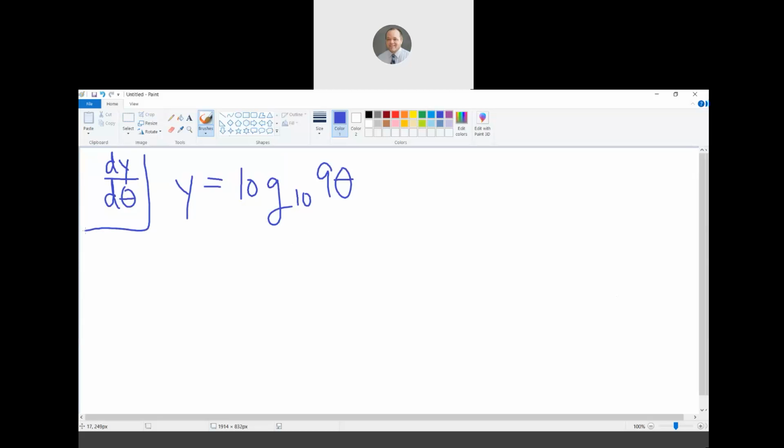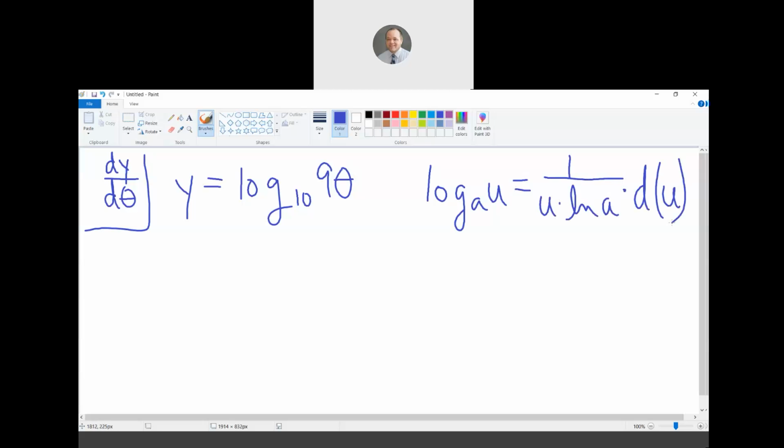We're going to use our derivative rule here for log. So I'm just going to write the derivative rule up here and then we'll use it. In which u is our 9 theta and a is our base, 10.